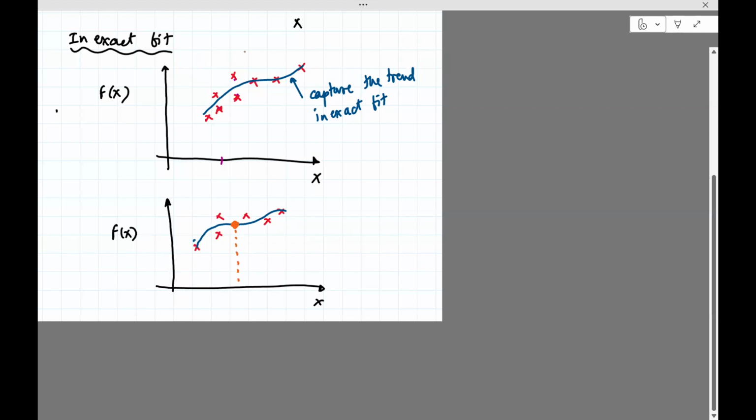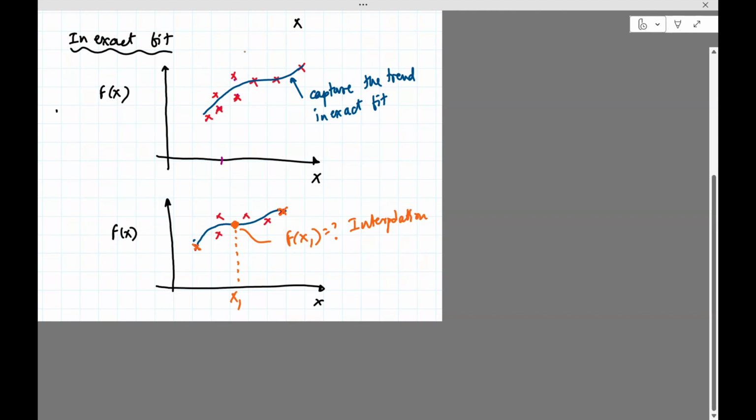So we don't have data at this point, and we would like to know what this value is. And if you have a curve which explains the trend, then you can estimate that. This process of estimating data at a point in between the interval, anywhere between the extreme points, is known as interpolation.